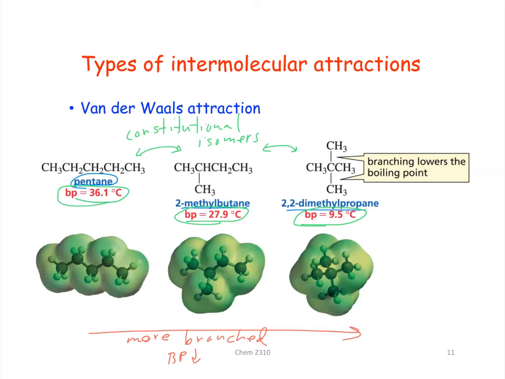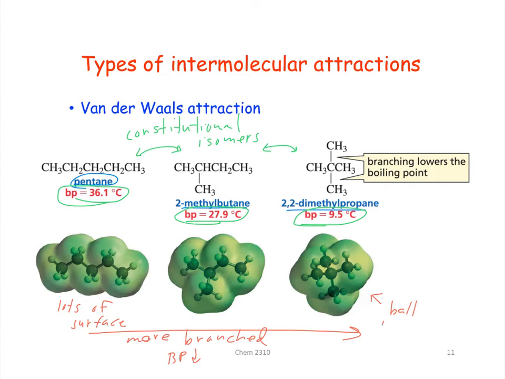Right? So the reason is that pentane has lots of surface area. Okay? Whereas 2,2-dimethylpropane is more like a ball. So it doesn't have as much surface area to stick together, right?